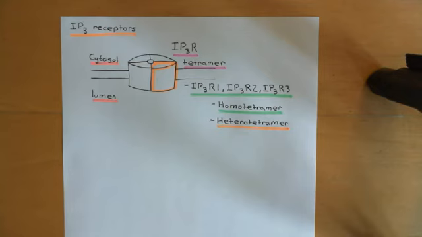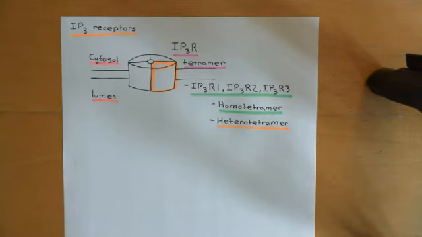Now, I would love to be able to tell you which heterotetramers you can build, and exactly what the arrangement of the different subunits in the heterotetramer are. However, that sort of information is just not known. We know that heterotetramers can form, but we don't know which ones can form at the moment, and we don't know what the arrangement of the subunits in these heterotetramers actually is yet.